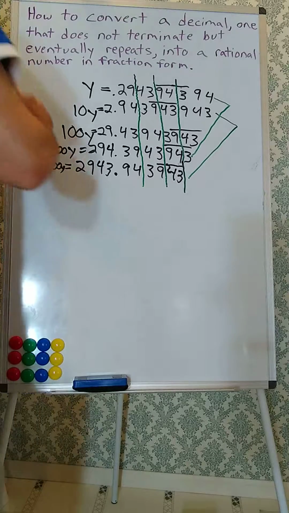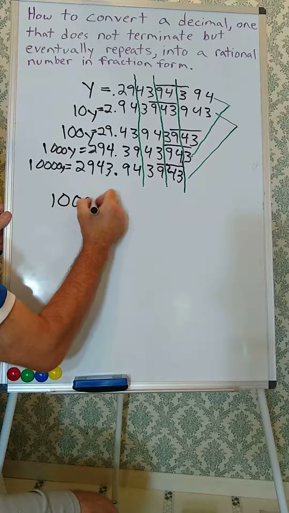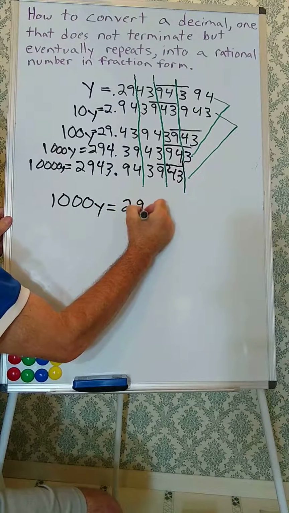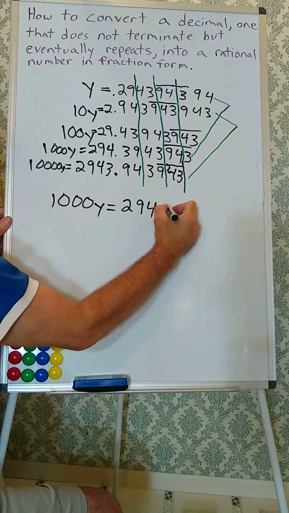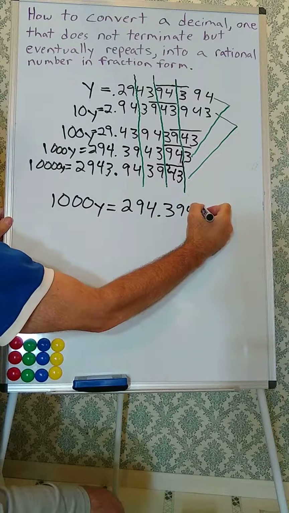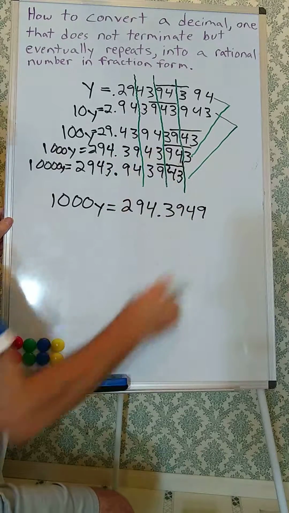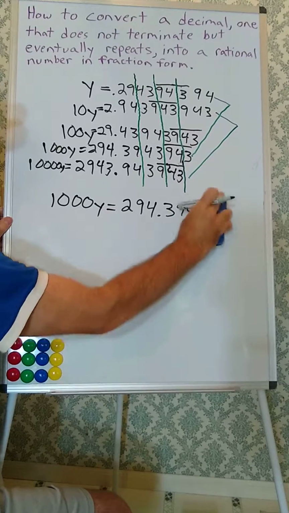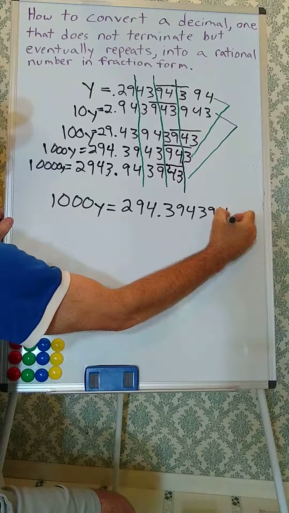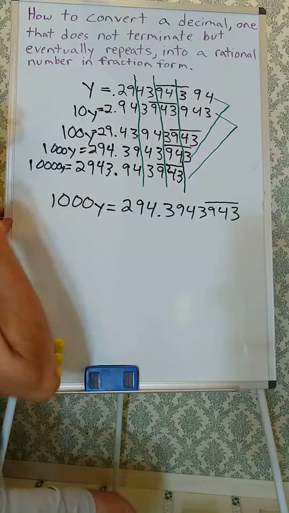So 1000y minus y. So we got 1000y, which equals 294.3, and there's a repeating part.